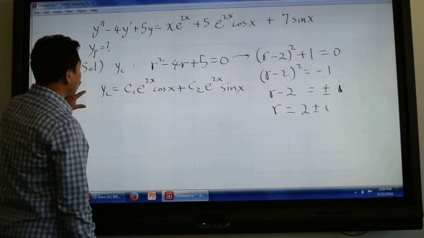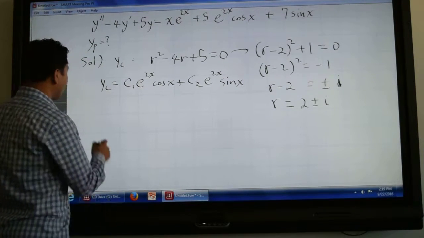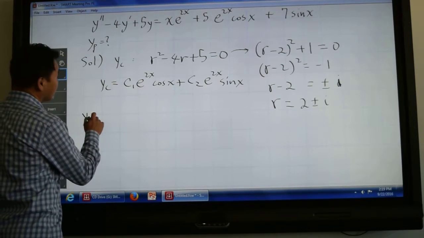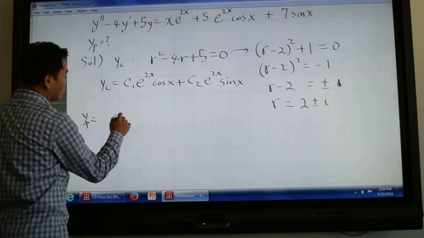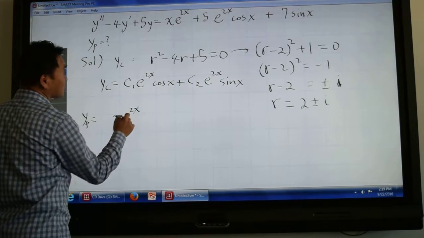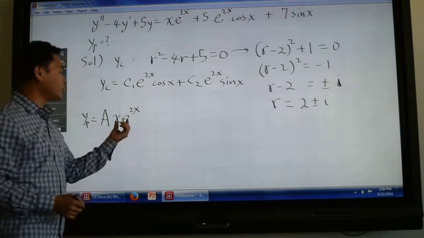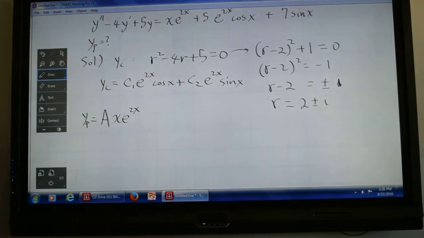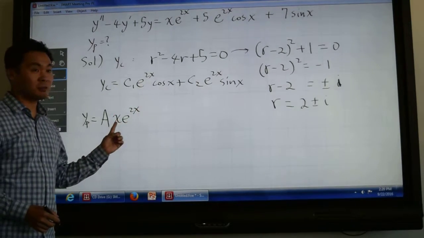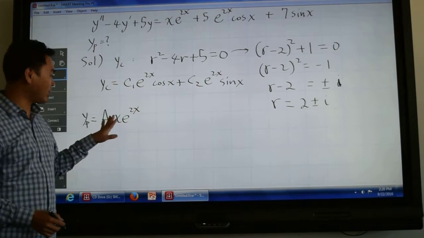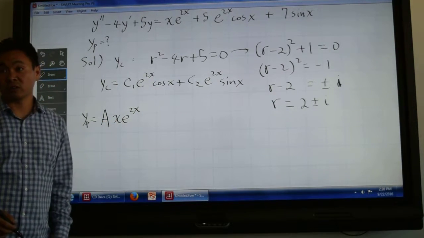All right, now let's try to build up our yp. yp should have x times e to the 2x, because it's there, right? So let's put an a there. And if you differentiate this using the product rule, you're going to create another thing that looks like this, but there will be another one where x is differentiated and you just have e to the 2x, right?